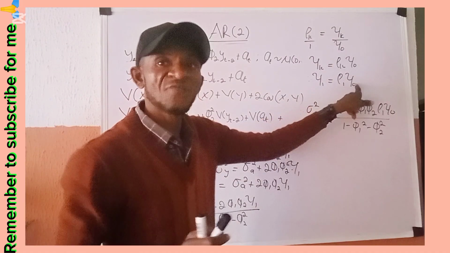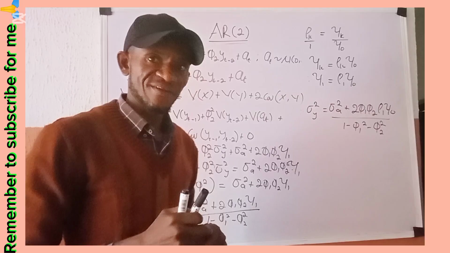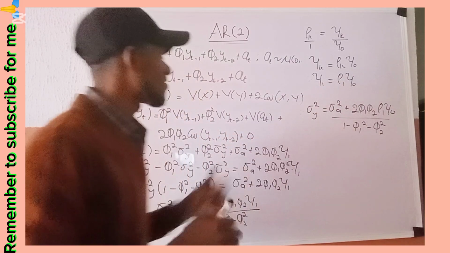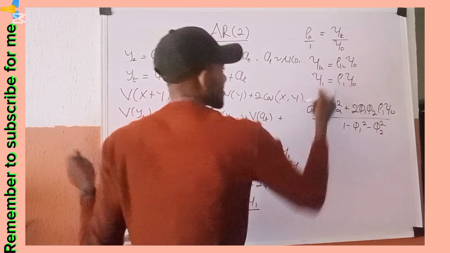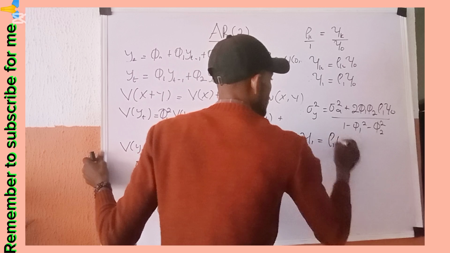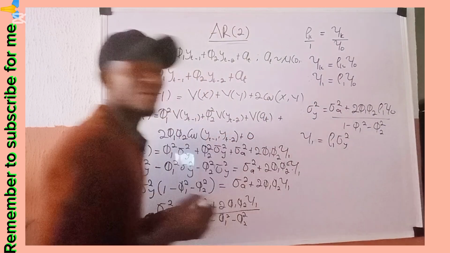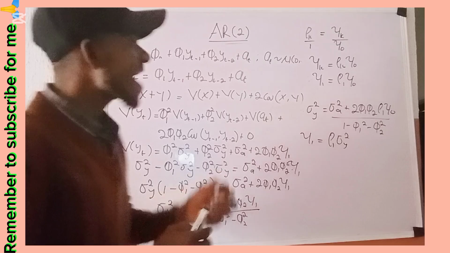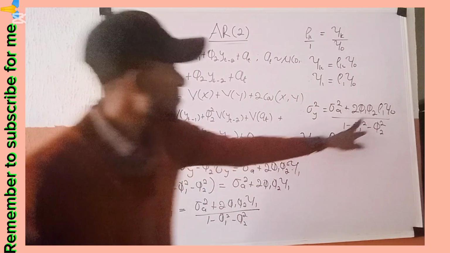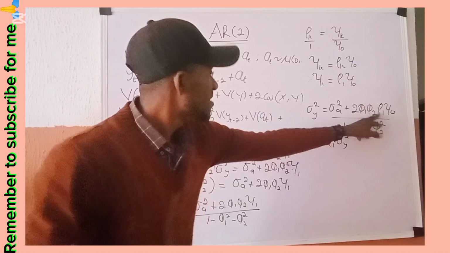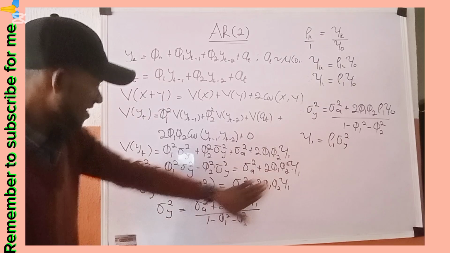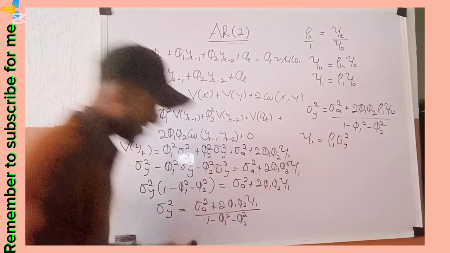I also want to tell you something. This gamma 0 is the variance of the model. And if gamma 0 is the variance of this model, then gamma 1 is given as rho 1 sigma squared of y. So permit me to clean here, and show you something from here.